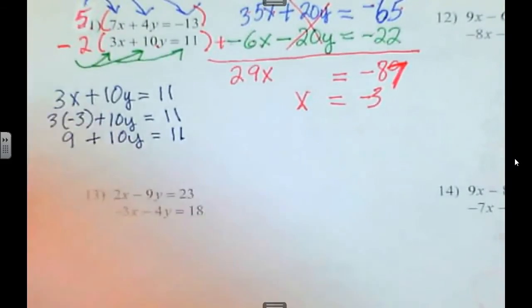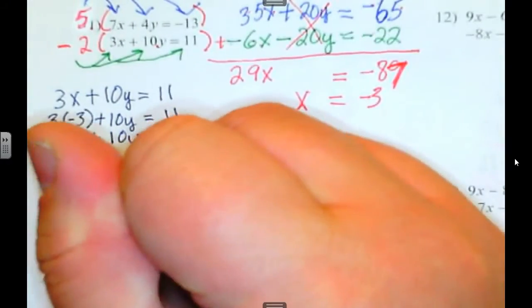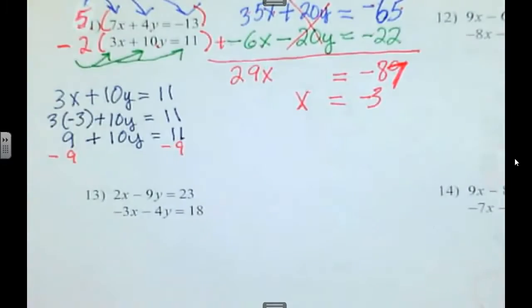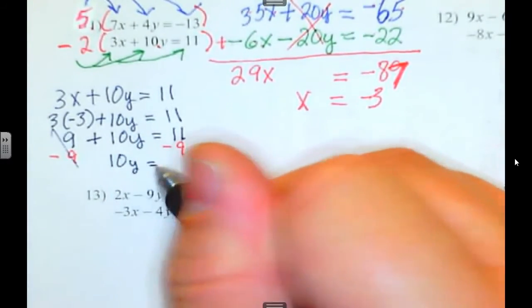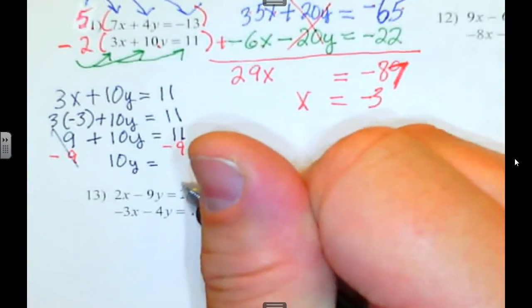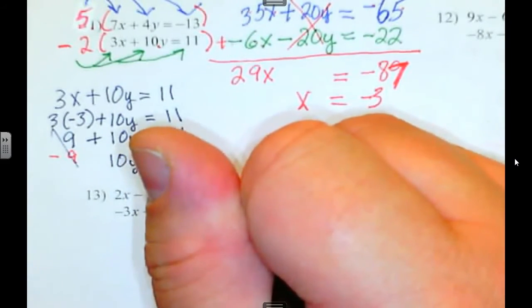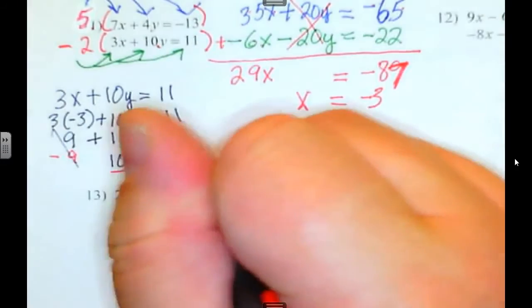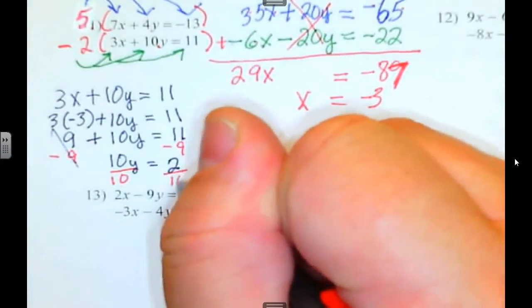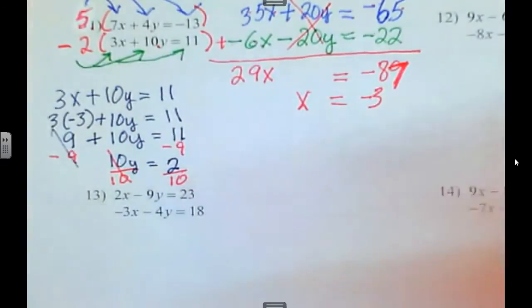Subtract 9 from both sides. So I have 10y equals 2. Divide both sides by 10. And y is going to equal 2/10.